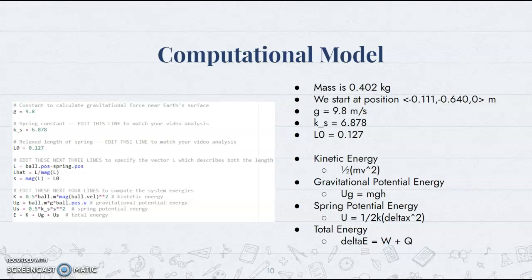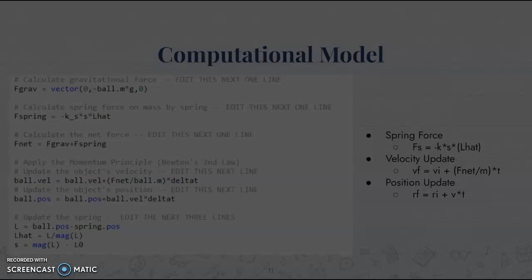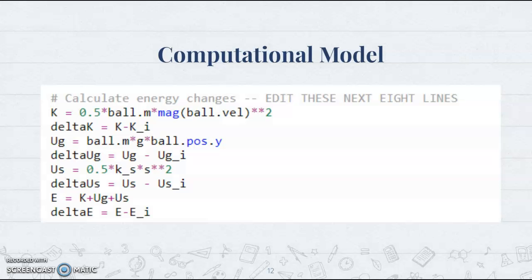I then inputted the kinetic energy, gravitational potential energy, spring potential energy, and total energy formulas into the code. Then, later on in the code, I inputted the spring force and both update formulas in their respective position. Finally, here we are just calculating all of our changes in kinetic, gravitational potential, and total energies.